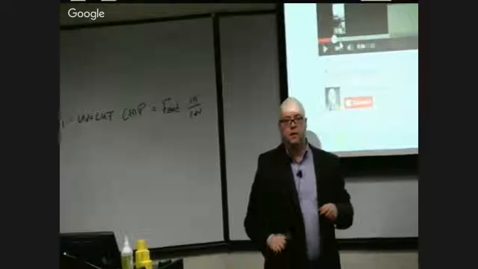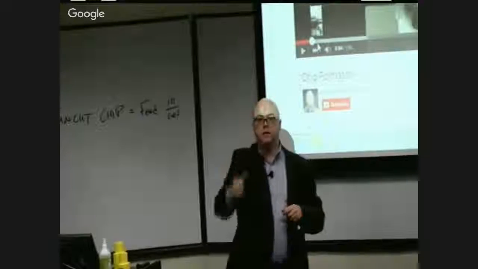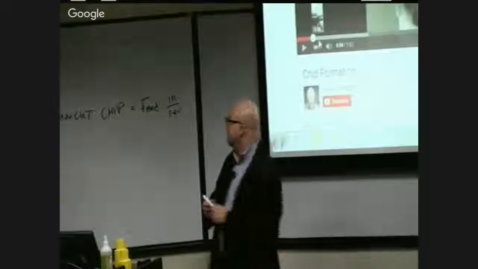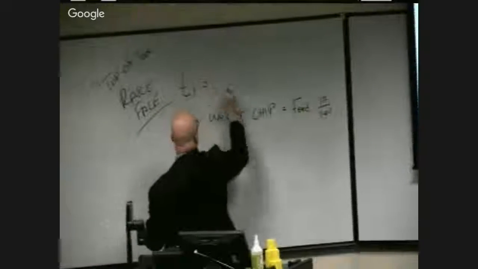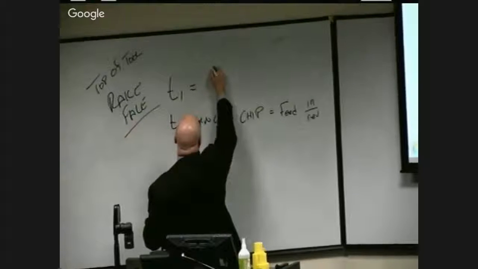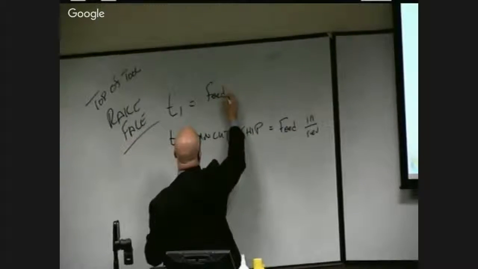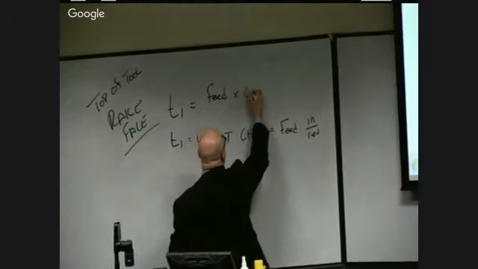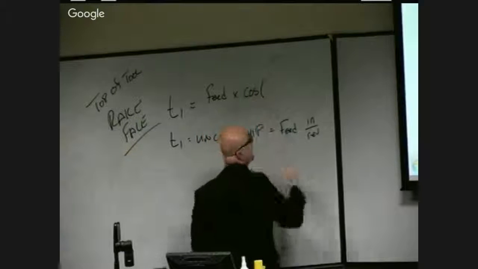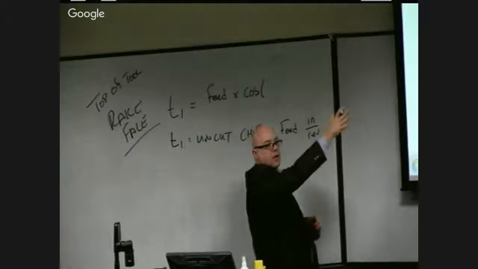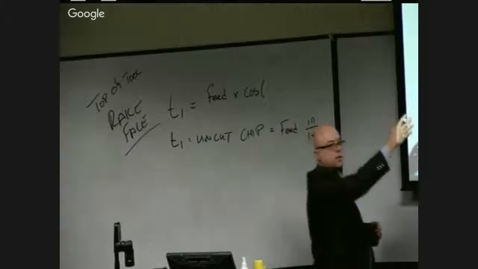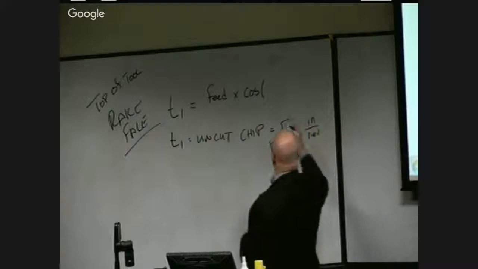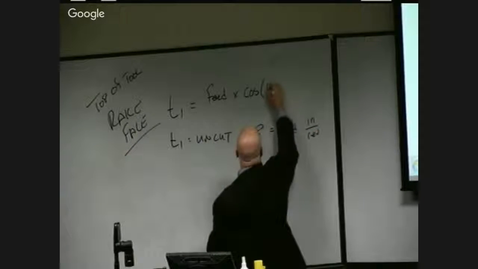If the tool is not perpendicular to that surface, then the T1 equals feed times the cosine of that side edge cutting angle. So it equals feed times the cosine of the side edge cutting angle, and I'm going to call that beta.